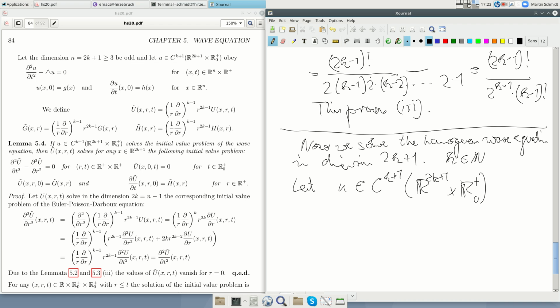So it's a solution of the initial value problem.